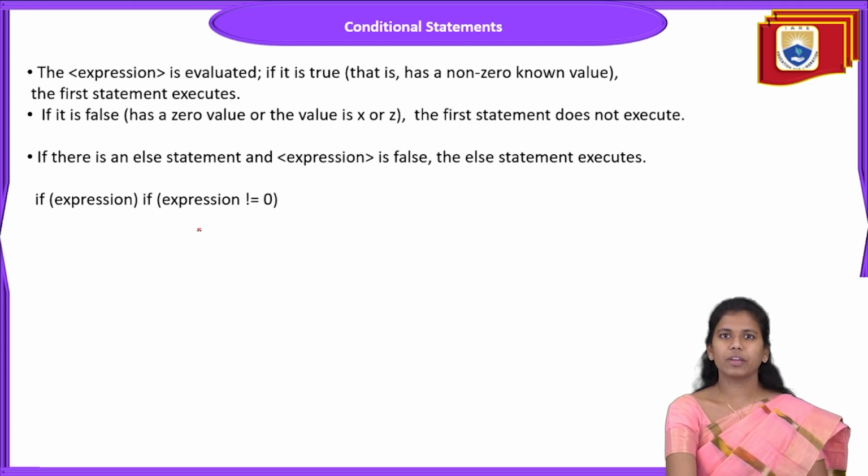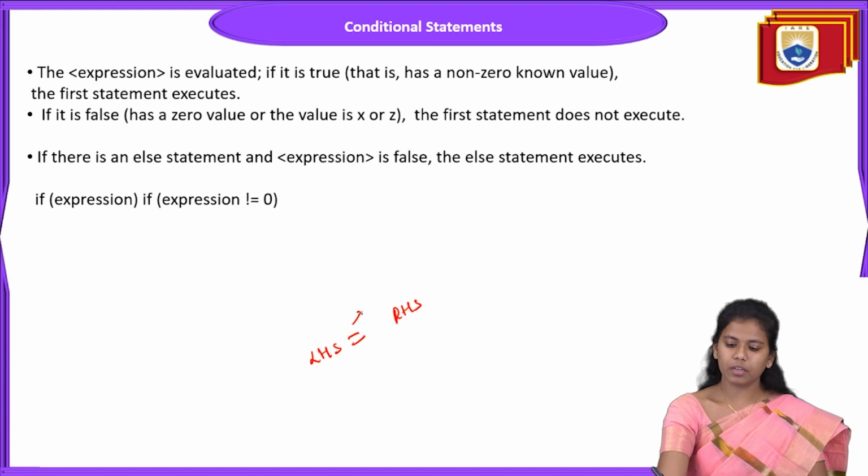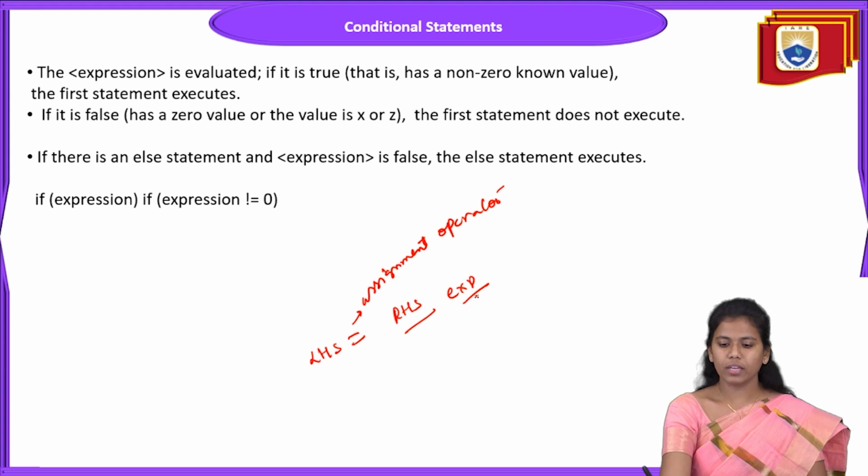Already in the last class we had discussed how to evaluate the RHS with respect to the LHS, followed with the assignment operator. So here the expression needs to be evaluated. How? If it is true, that is, it has a non-zero value.